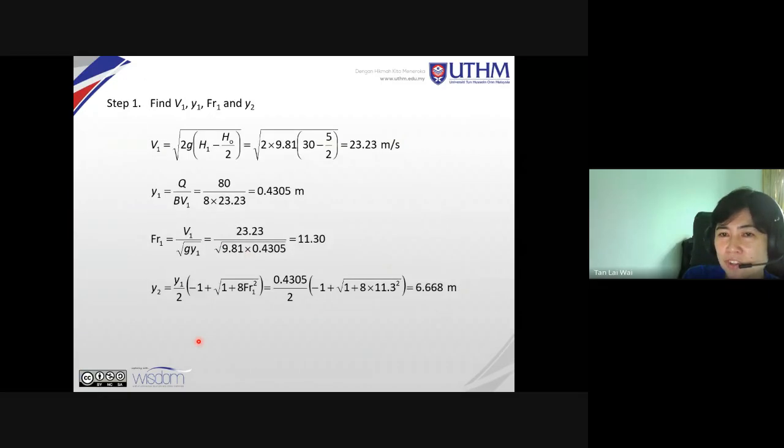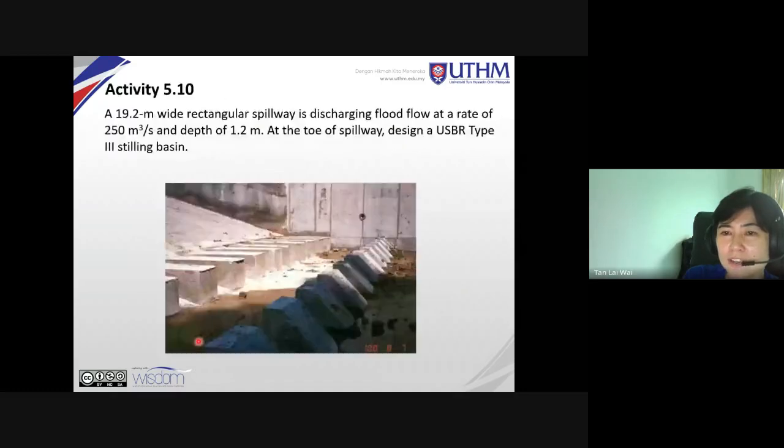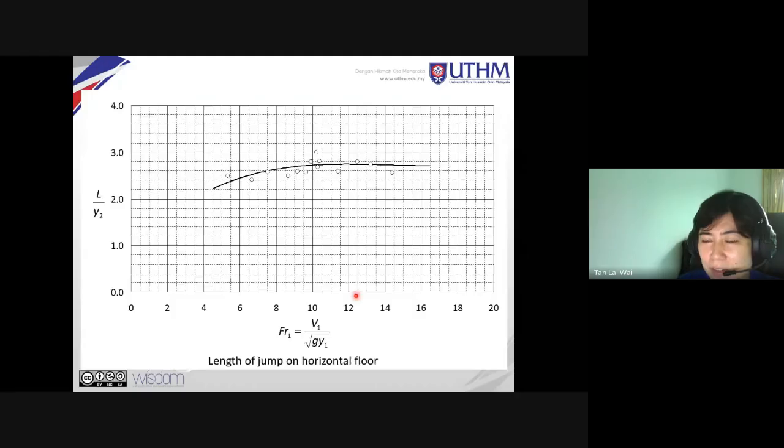Do I have a chart here? No? Okay. If I don't have the chart, let's go back here. Once you have Froude 1, the Froude number at upstream is 11.3. So on the scale with an interval of 2, 11 point something is here.